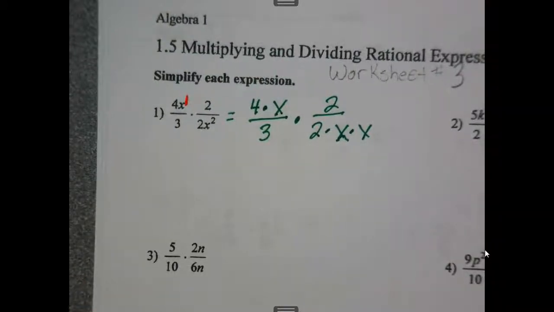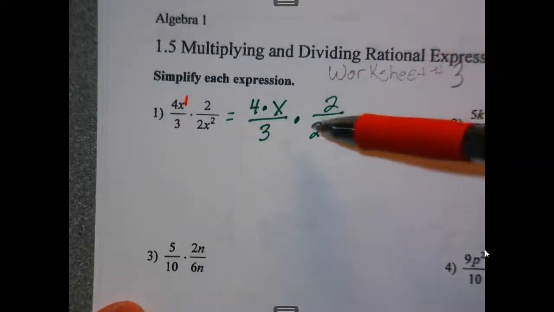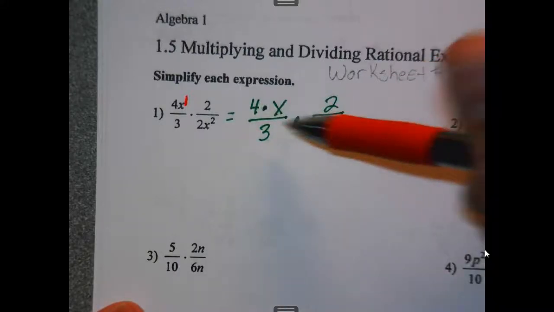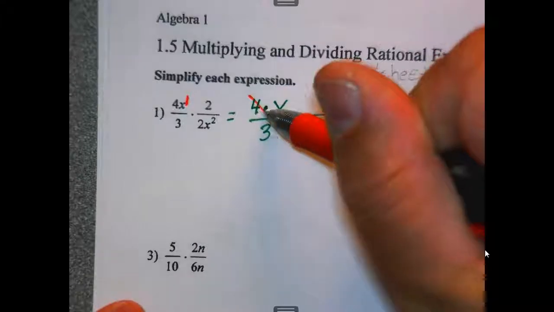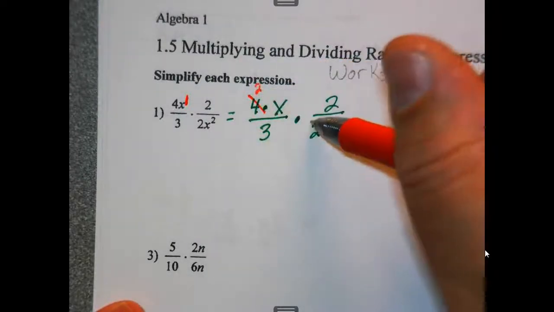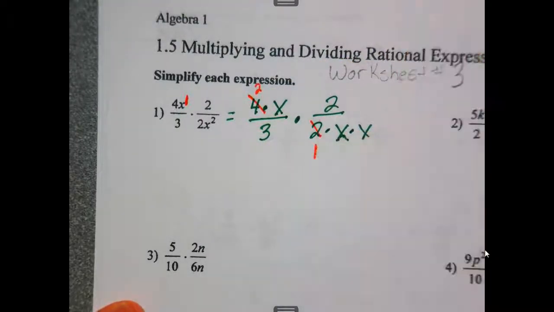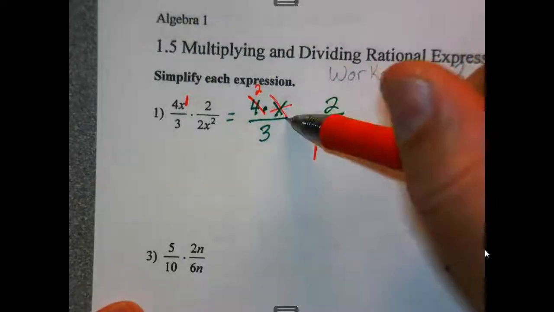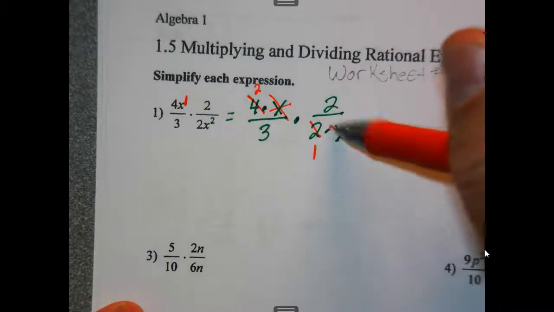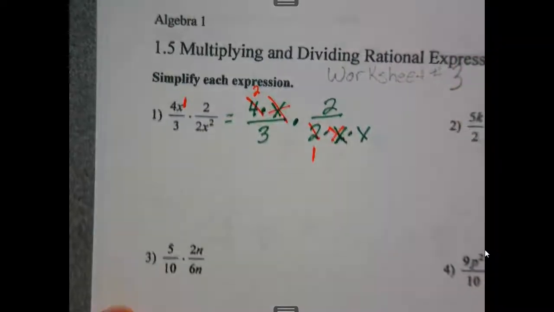Then I go and do what we've learned on the first 2 sheets. Well, I can take out a factor of 2 from the 4. So 4 divided by 2 is 2. 2 divided by 2 is 1. I can factor out one of the x's. Okay.